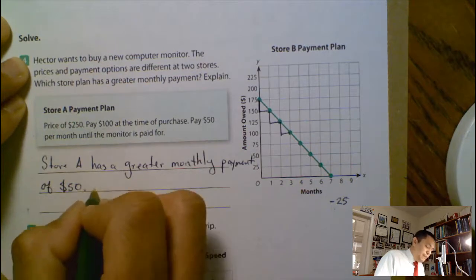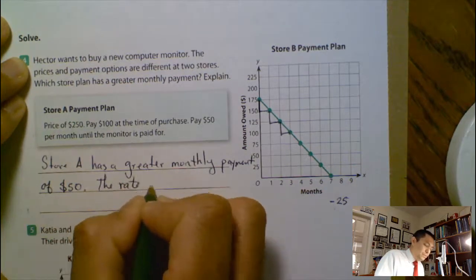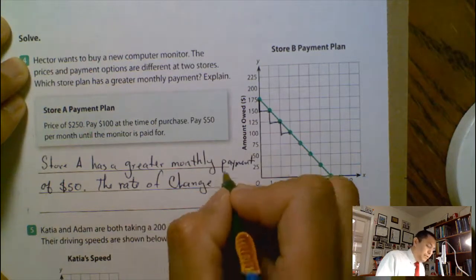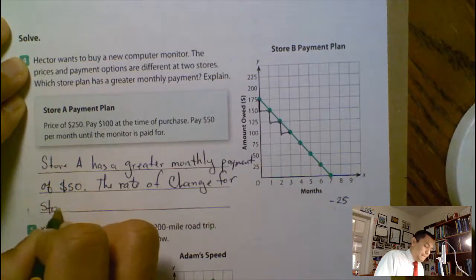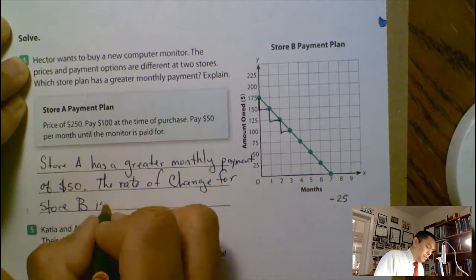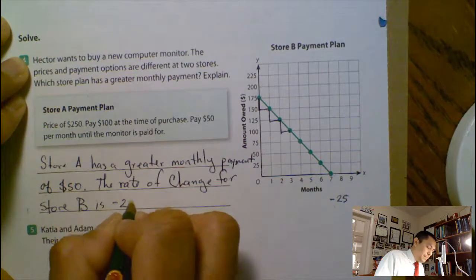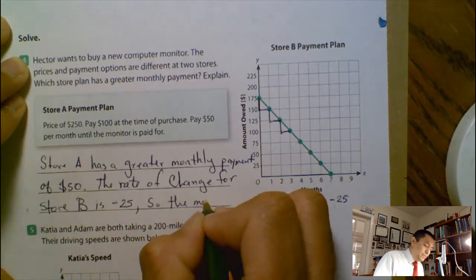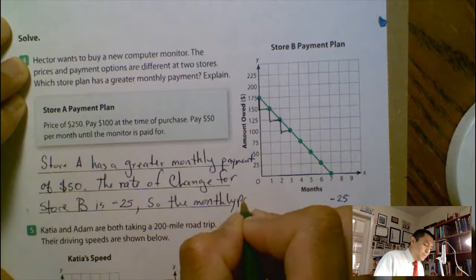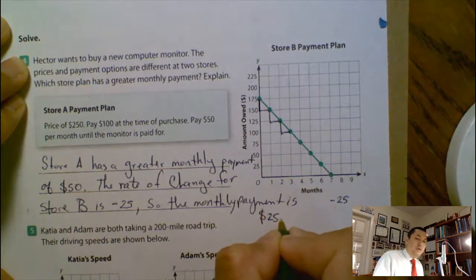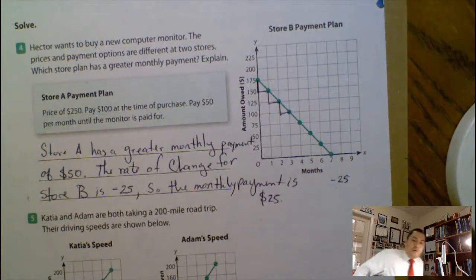Okay, the rate of change for store B is 25. So the monthly payment is $25. Okay, so that's the way we're going to figure out those problems.